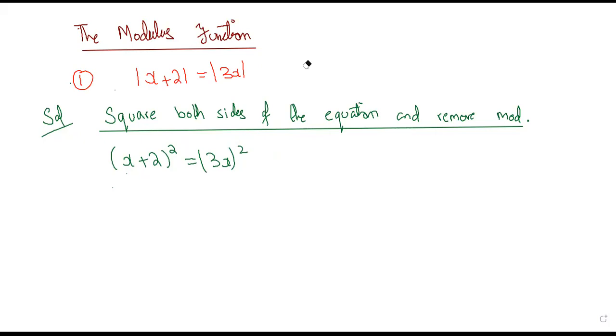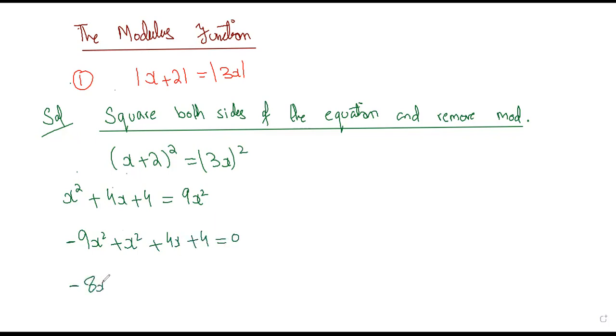So, I know how to solve a quadratic equation. I will be expanding x plus 2. This would give me x squared plus 4x plus 4 equals 9x squared. This would give me minus 9x squared plus x squared plus 4x plus 4 equals 0, so minus 8x squared plus 4x plus 4 equals 0.